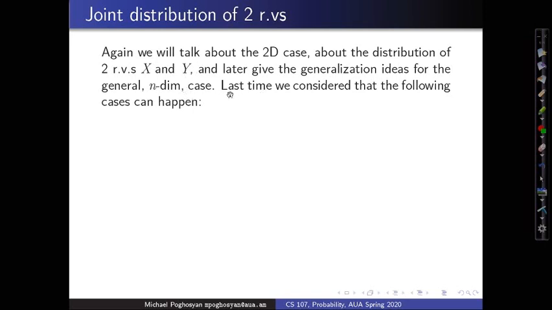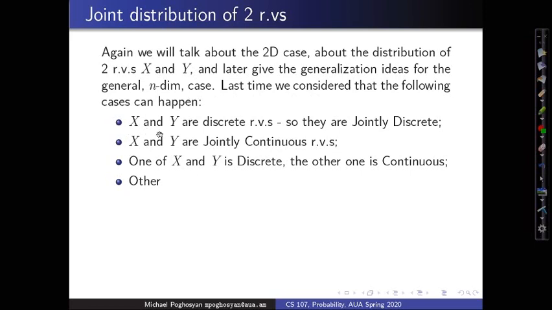Let me remind that last time we considered the following cases when dealing with two random variables. We can have that x and y are discrete random variables, in which case we talk about jointly discrete random vectors. Now we will talk about the case when x and y are jointly continuous.